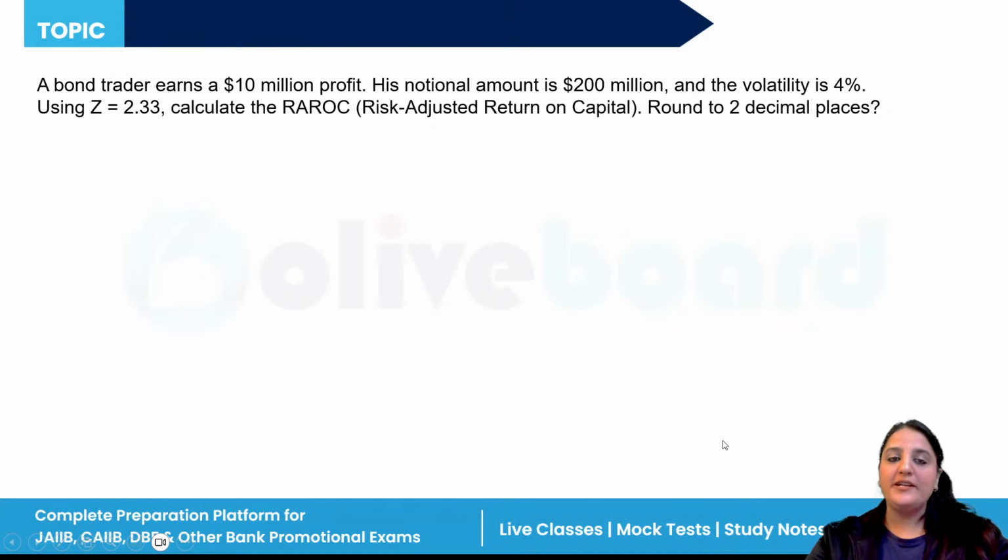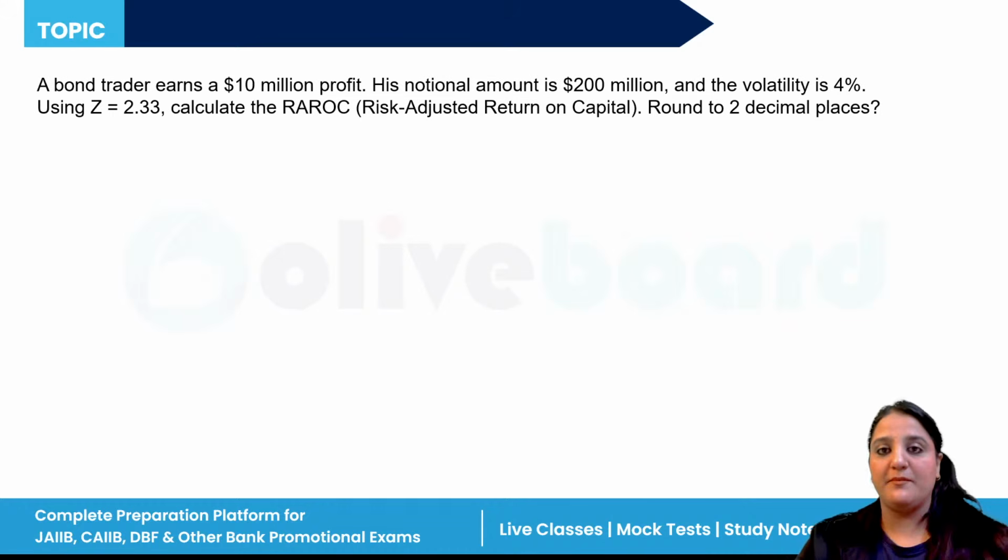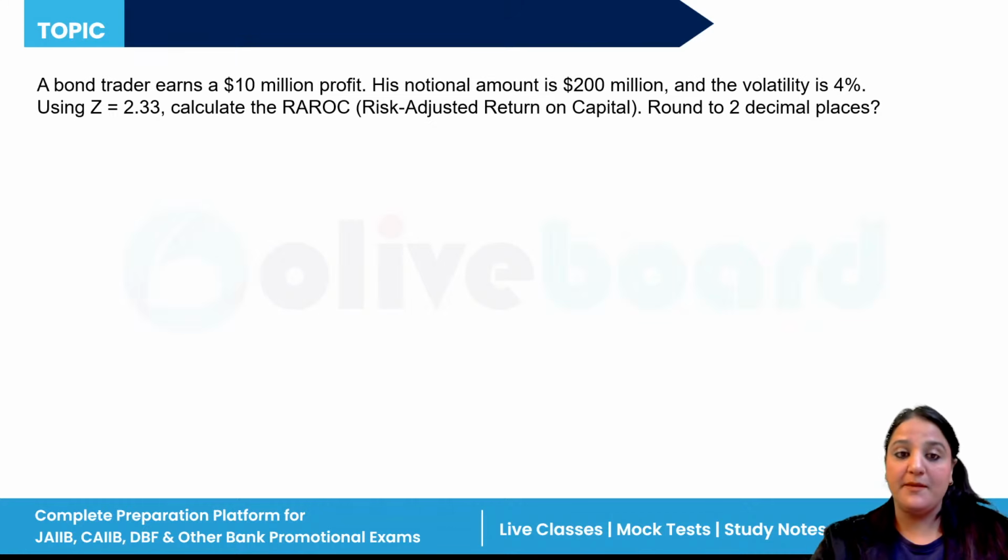If a bond trader earns a $10 million profit, his notional amount is $200 million and the volatility is 4%. Using Z equals 2.33, calculate the RAROC, risk adjusted return on capital, rounded to 2 decimal places. Can you tell me what is the meaning of RAROC?